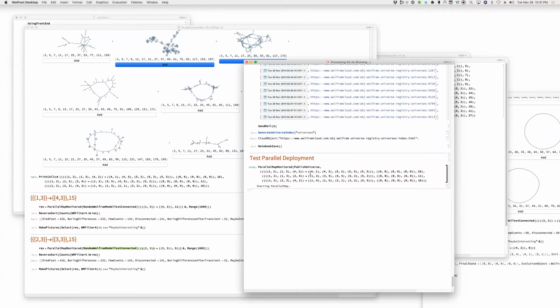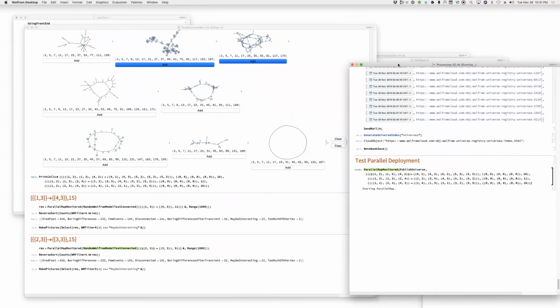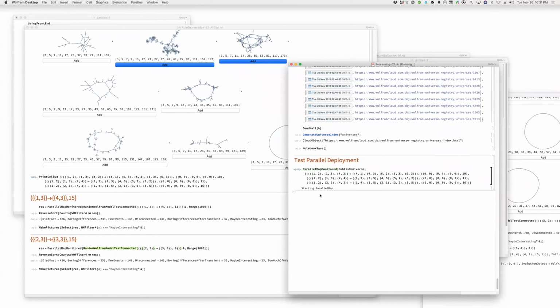This is profoundly not working. I think it's jammed. Damn. Do you think we can interrupt it? Let's hope we can. Bet we can't. Oh, we can.